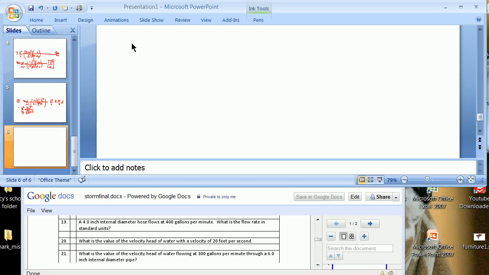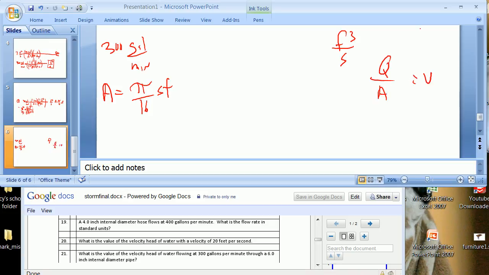You have to go from 300 gallons per minute to cubic feet per second, as you did before, and then you have to know that the area is going to be pi d squared over 4, which is pi over 16 square feet, and you're going to take Q divided by area to get velocity. Then you're going to take that velocity and go to velocity head, v squared over 2g. That's 21.